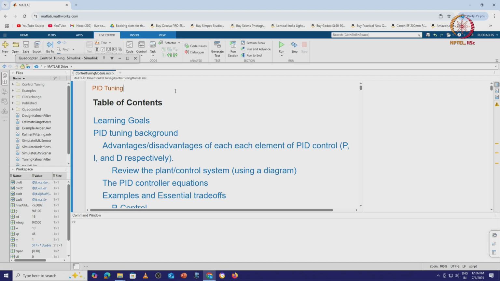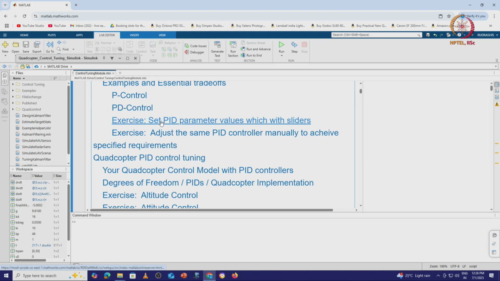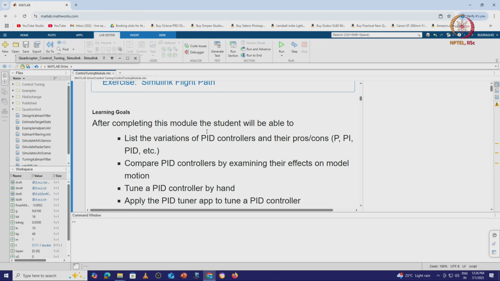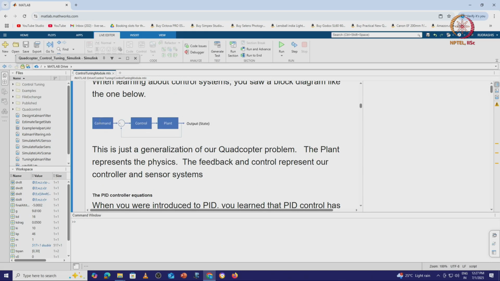So now we are looking at how we tune the PID, with some exercises. Here, in PID tuning, the command is coming in, and you have the controller, the plant, and the output.